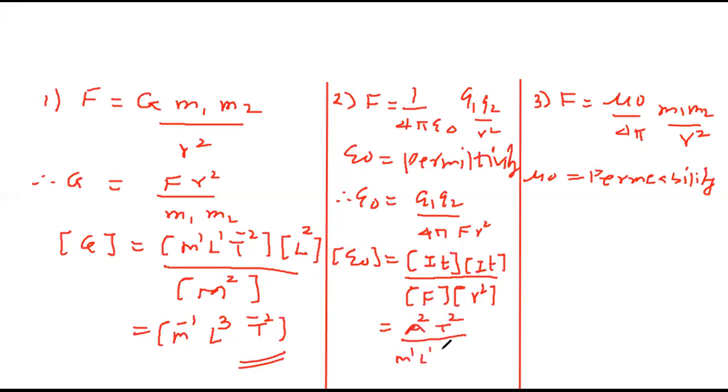M1 L1 T minus 2 is force, into L raised to 2. So we get the final answer as M minus 1 L minus 3 T plus 4 A plus 2.